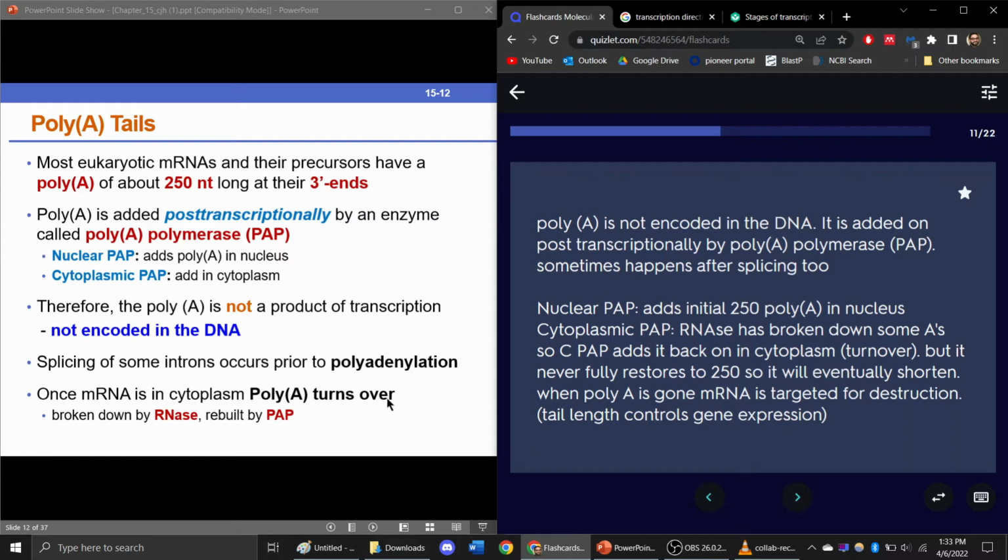So like we said before, RNase, ever present, always breaking down RNA. And so you have this cytoplasmic PAP that exists there to continually add on A's to the poly-A tail to keep the RNA still working. And the reason for this is because RNA is not a one-use item.